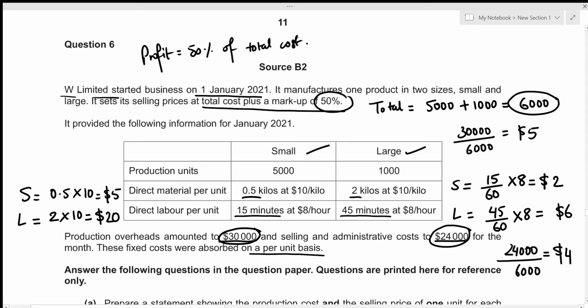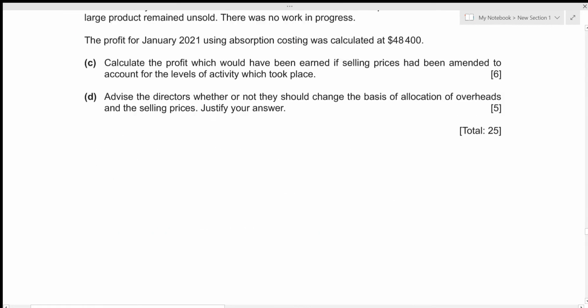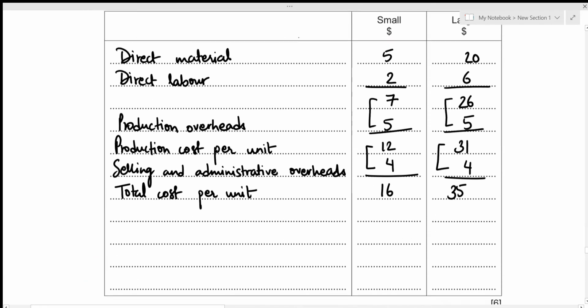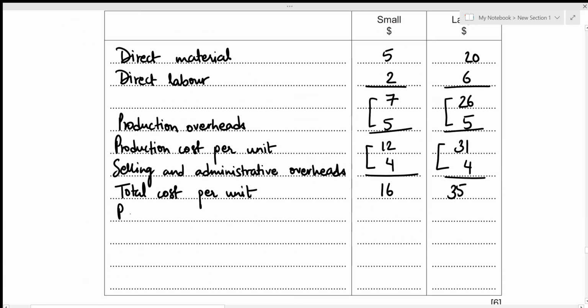So let's figure out the profit first. Let's figure out the profit for small sizes. That's 16, which is the total cost, multiplied with 50%, which you can write down as 0.50. So this gives the profit for small sizes to be $8.